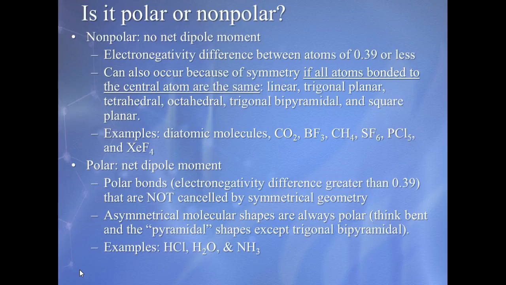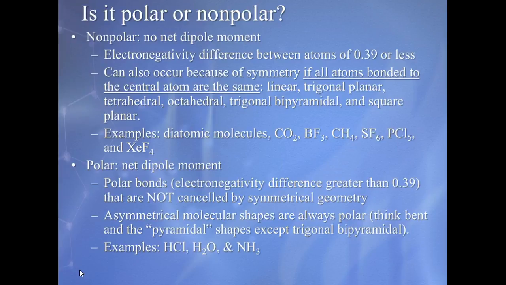Okay, so how do you tell if something is polar or nonpolar? Here's more of your concrete criteria, because one of the things you're going to have to do is look at, I'm going to give you a formula, and you're going to have to figure out, is this a polar or nonpolar molecule? And that's why you have to be able to draw the Lewis structure and know the shape of it, because we know certain shapes give us nonpolar molecules even if it contains polar bonds.